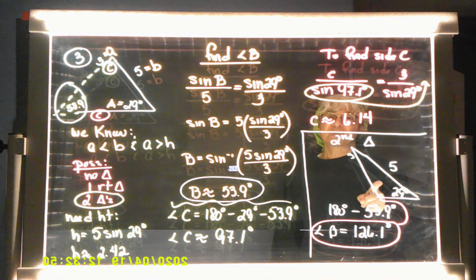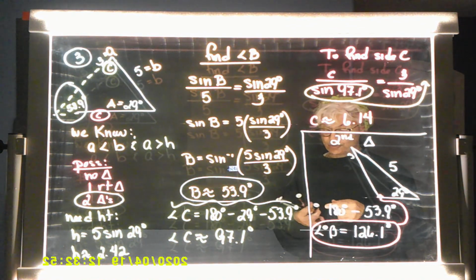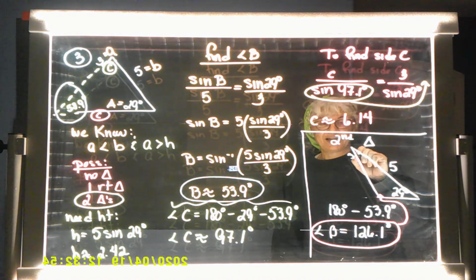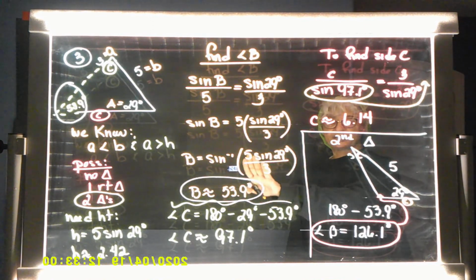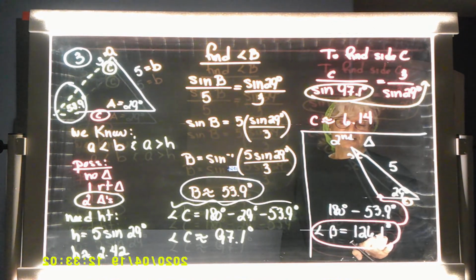There's my second triangle. And you would find angle C and side C the exact same way we found it over here, except now using 126.1 degrees instead. So I would have a 3 here, a 5 here, 29 degrees, 126.1 degrees.